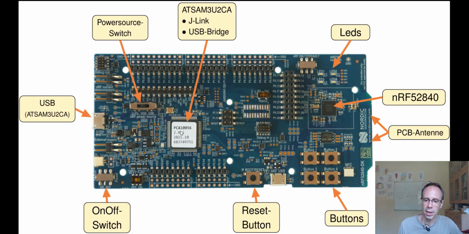So we don't need an external J-Link, we can just connect the USB port here. The USB port is then directly connected to this chip and, depending on whether it's using the debugger or the USB bridge, is then connected to the chip itself.